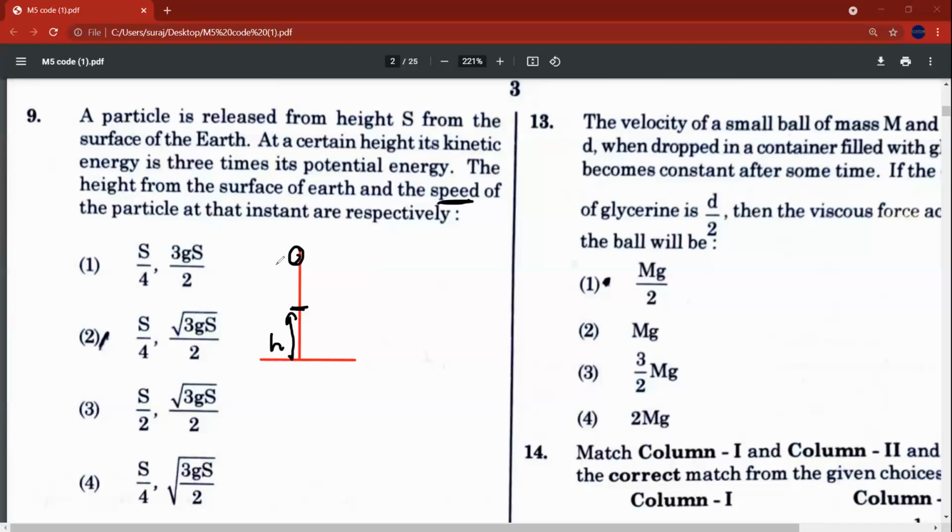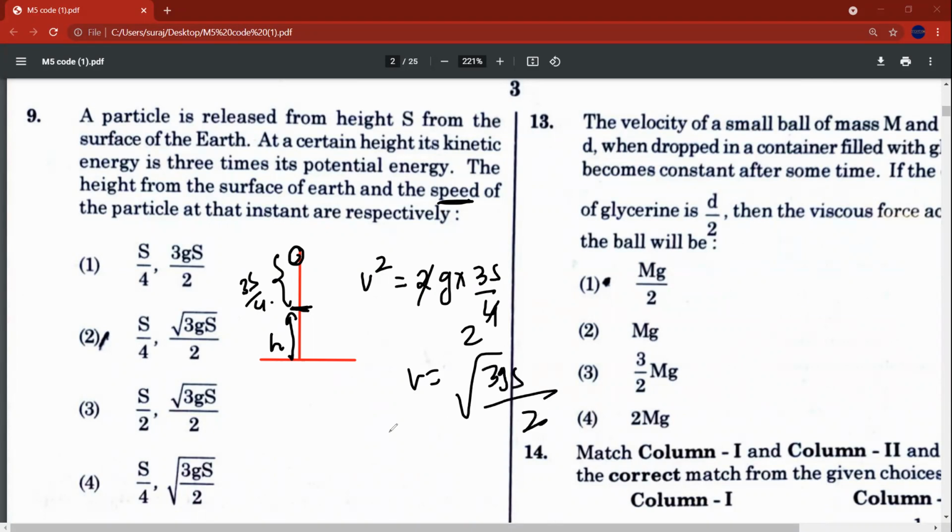So let us check with s by 4. If height is s by 4, this becomes 3s by 4. Velocity will be how much? Half m v square equal to... or I can write like this: v square minus u square equals 2as. With 3s by 4, v will be equal to root over 3gs by 2.